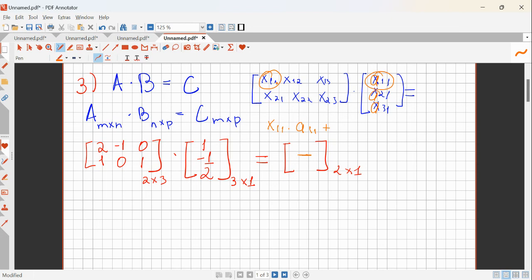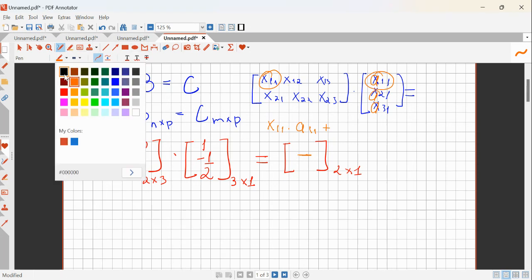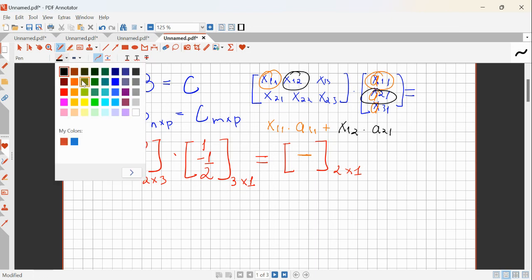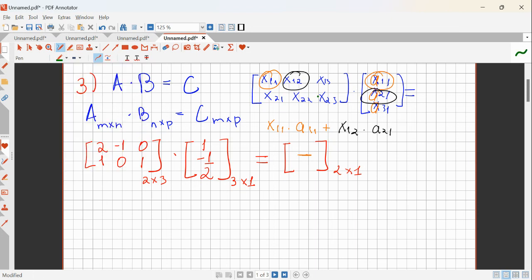So x11 times a11 plus x12 times a21, and x13 times a31.